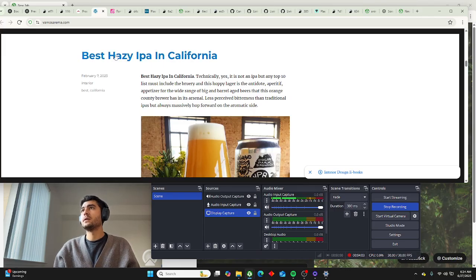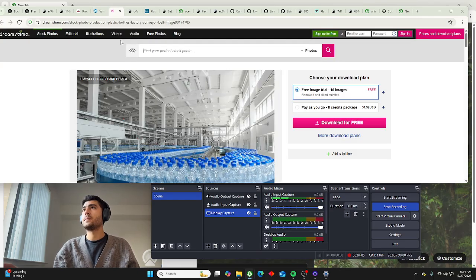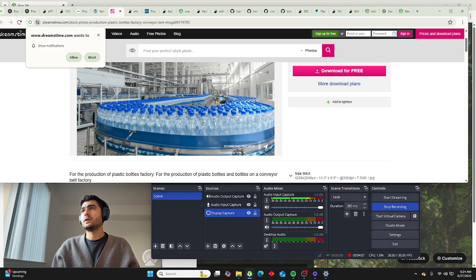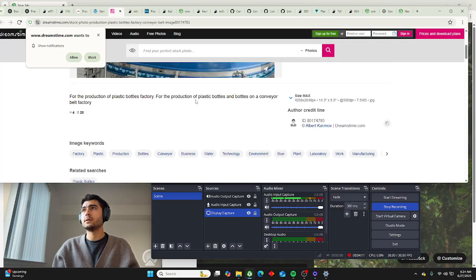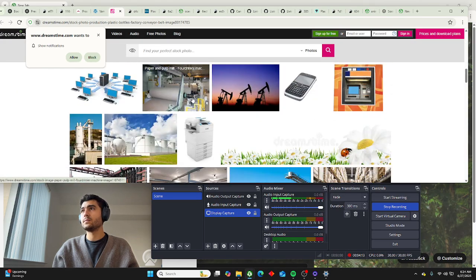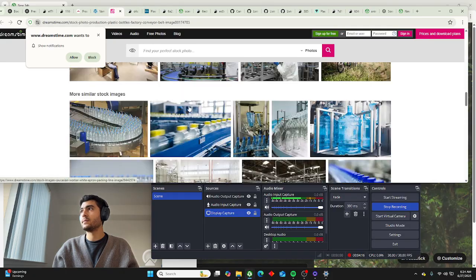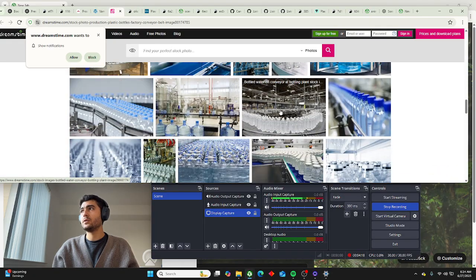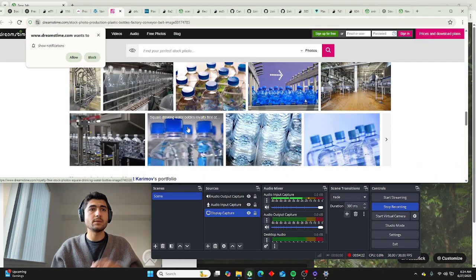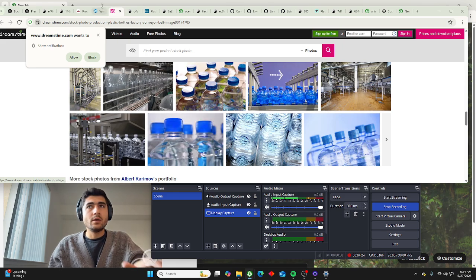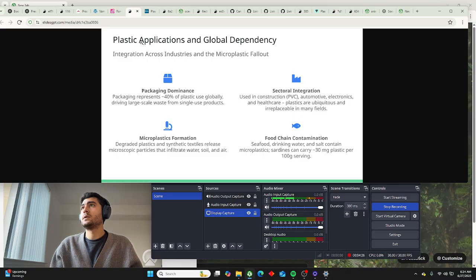Okay, so for example, this is a production line, very stock photo. Okay, so about the PET production for the water bottles, for example. So let's check the applications and global dependency further now.